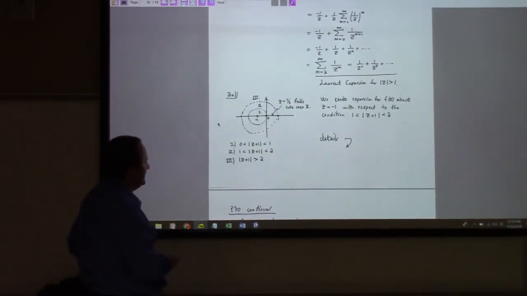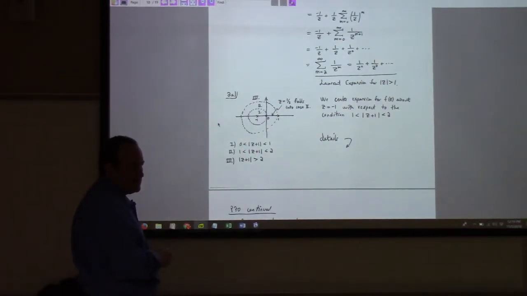Usually. So anyway, long story short, 1/2 is in this region too. So we want to find a Laurent expansion around -1 for the modulus of z plus 1 being greater than 1 and less than 2, right? So this is the estimate we have to work with, and so that means that the radius is not z plus 1, is it?